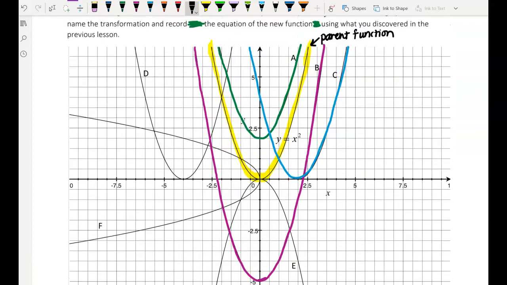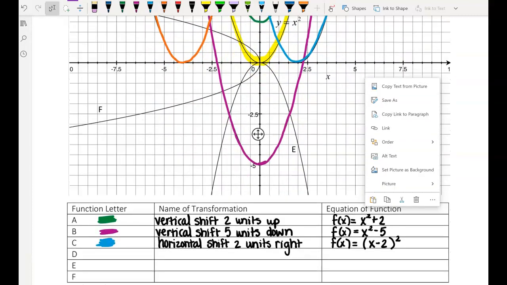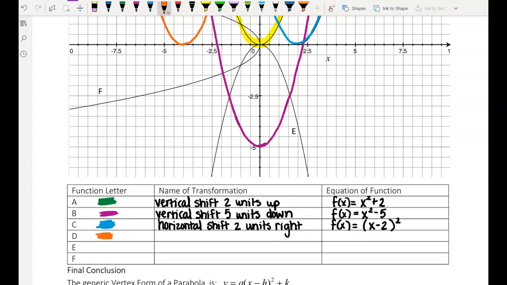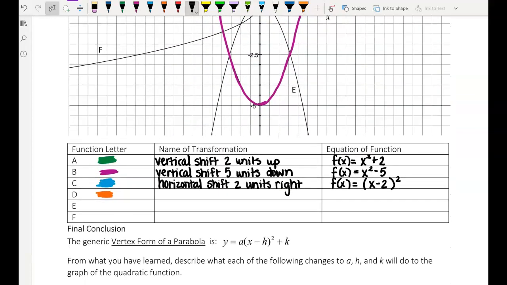Okay, graph D, I'm going to color it in my orange. So how can I describe the transformation for graph D? Horizontal shift, 4 units to the left.